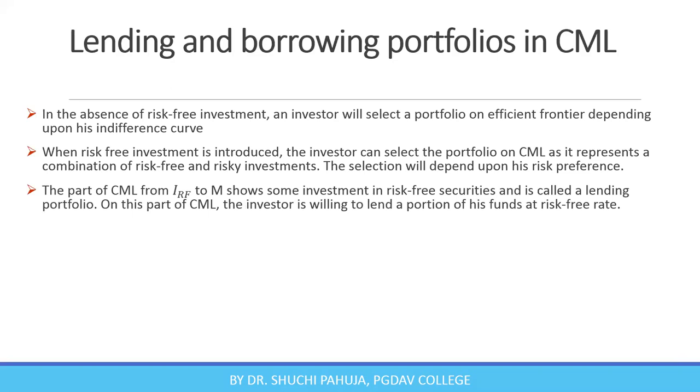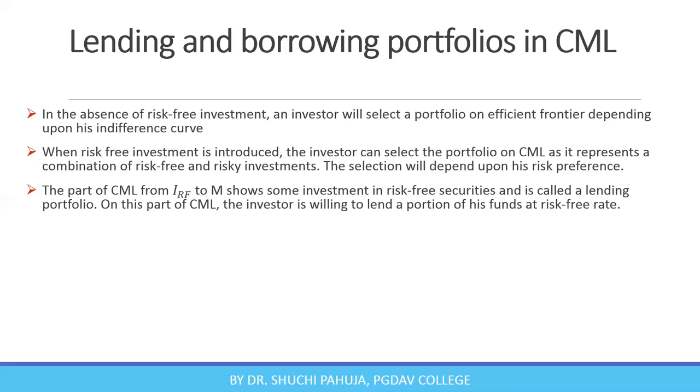The part of the CML from IRF to M shows that you are investing some money in risk-free assets. That means in your portfolio, a combination of risk-free securities and risky securities is there. Investment in risk-free securities is known as lending at the risk-free rate.